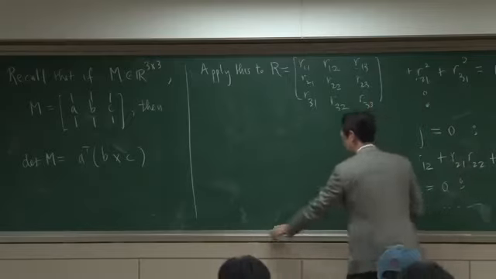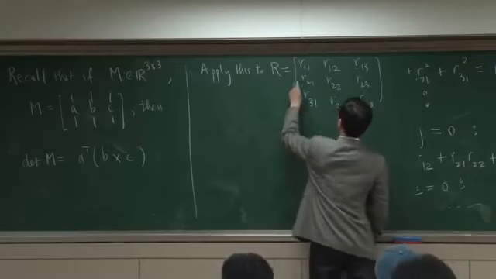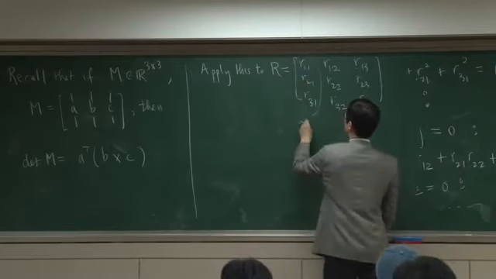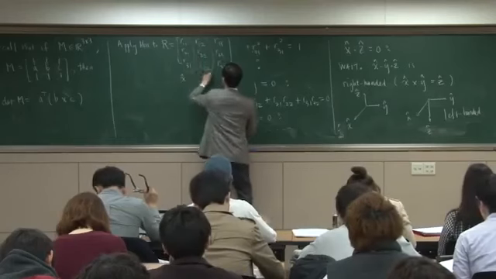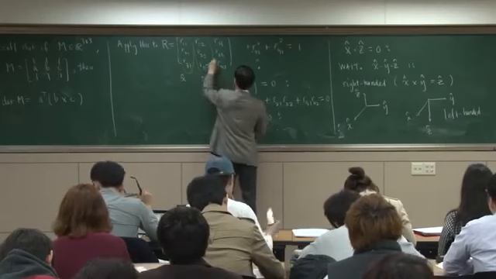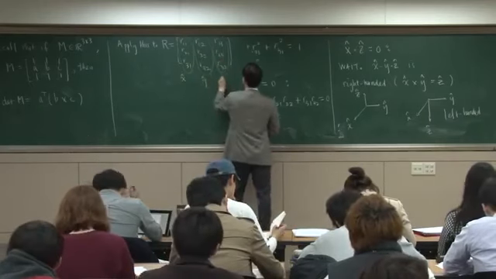Note that this first column corresponds to X hat, the second column corresponds to Y hat, and the third column corresponds to Z hat.